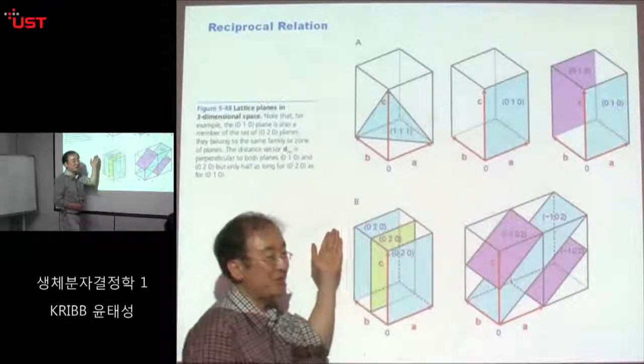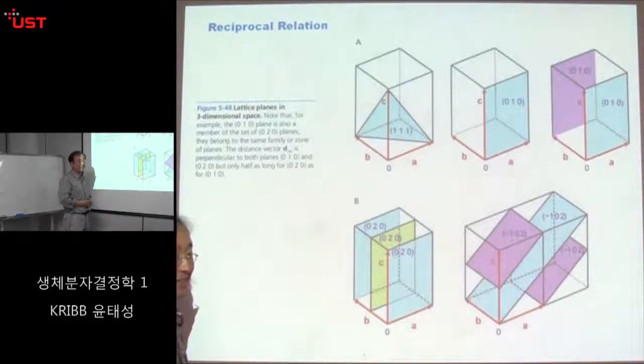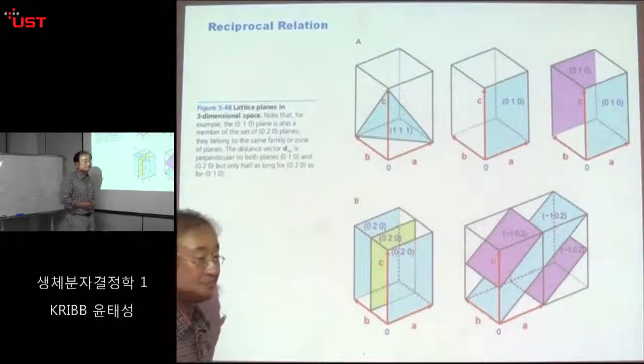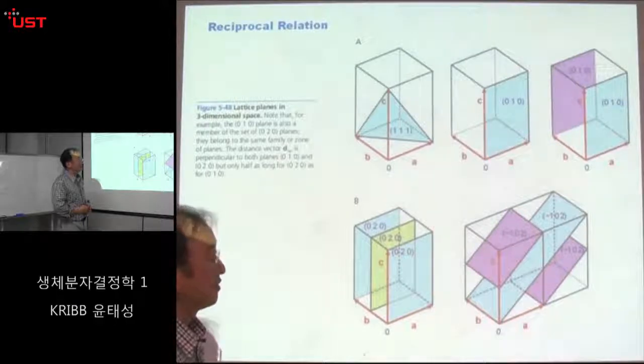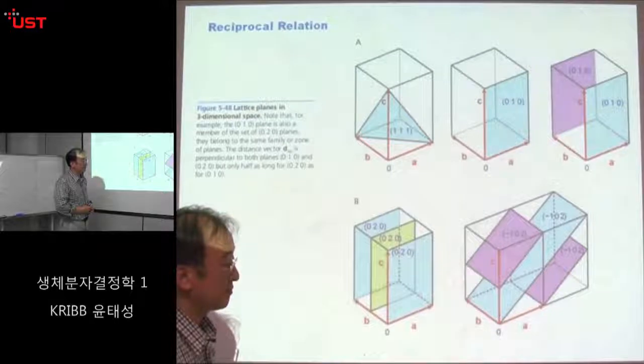What are they trying to explain to you? This is something new to you. We are introducing the concept of a plane, the crystallographic lattice plane, simply the lattice plane in crystallography. They try to show the reciprocal space. They're only attached to one surface.